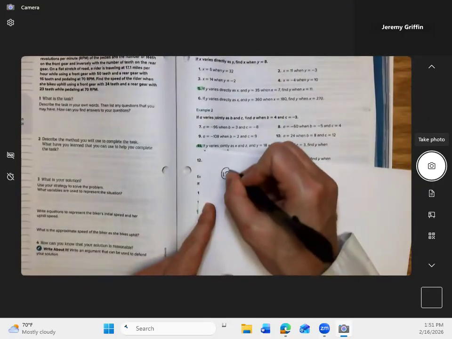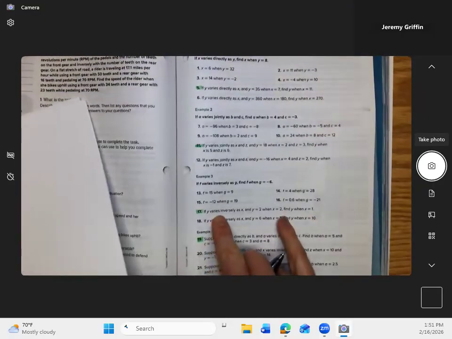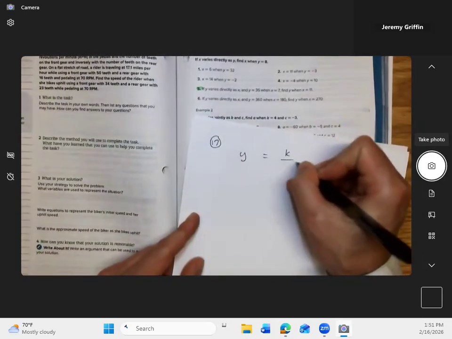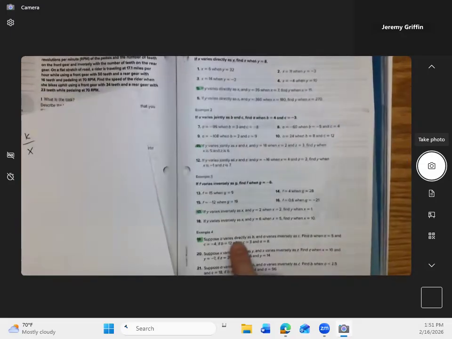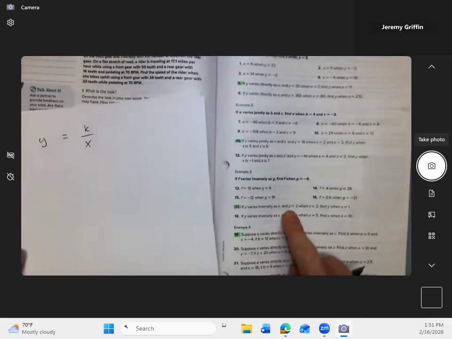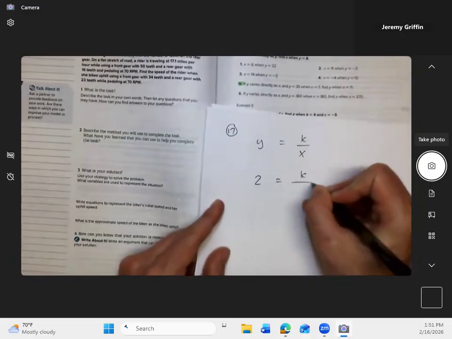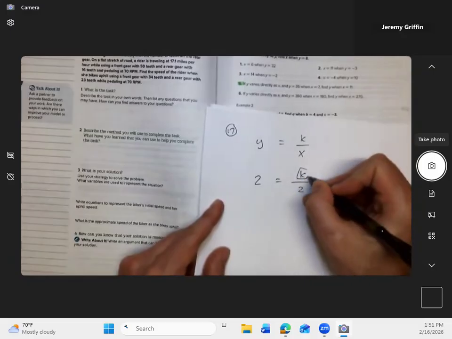Number 17. Y varies inversely as x. So y is equal to k over x. I could think of it that way. Y equals 2 when x equals 2. Solve for k.